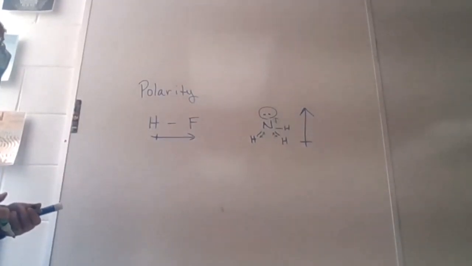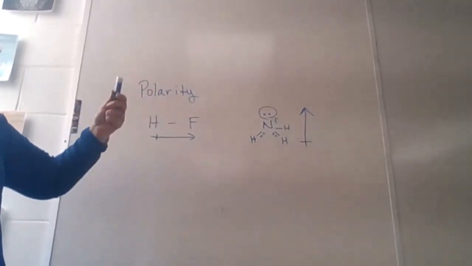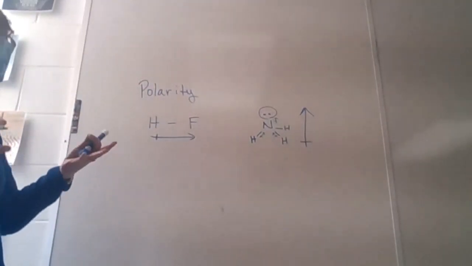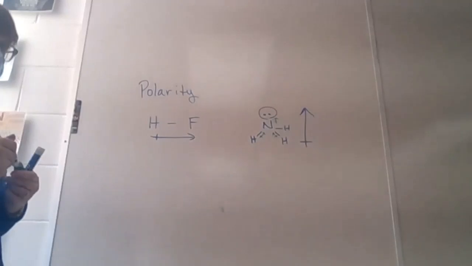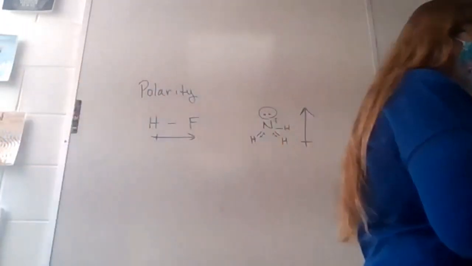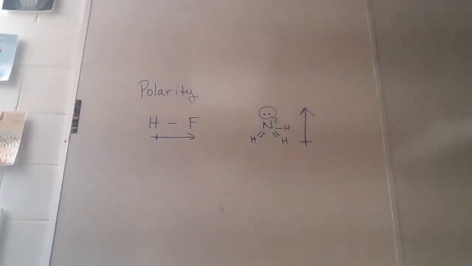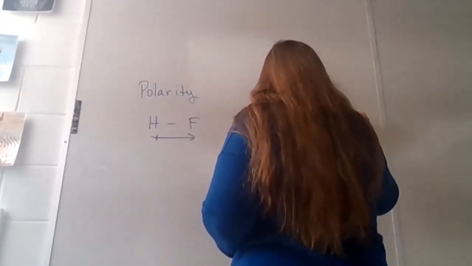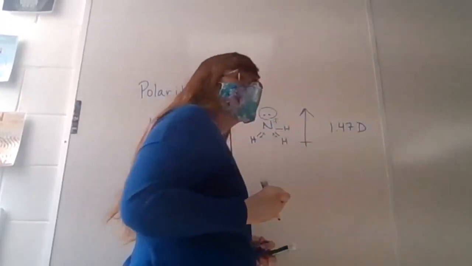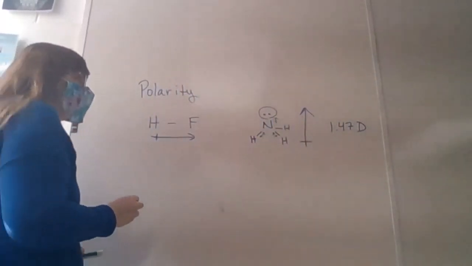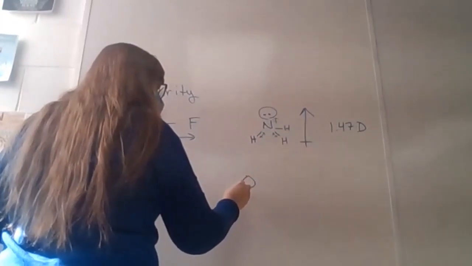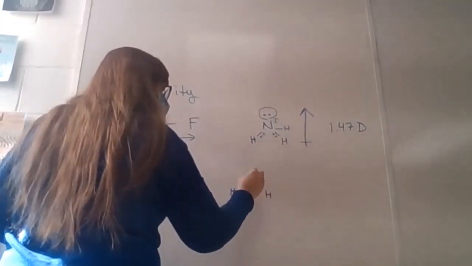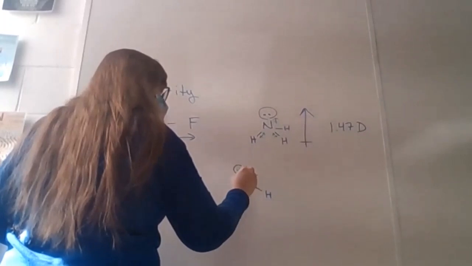And so both of those are synergistic. They complement one another. They all drive the electronegativity in the same direction. So for ammonia, the net dipole is 1.47 D. And I want to say the D stands for debye. And I have a similar story with oxygen.